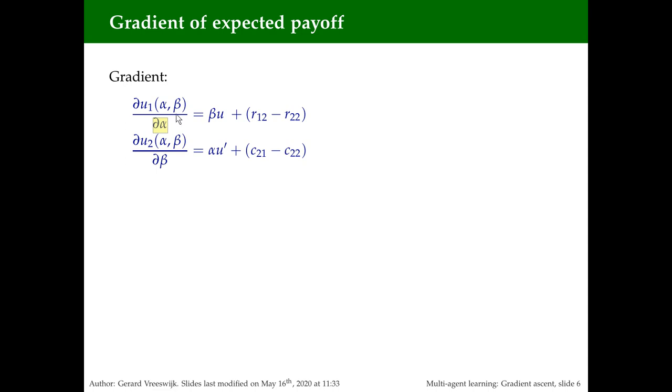If you compute the partial derivative of the payoff of the first player, you will end up with this expression, which of course depends on the mixed strategy of the opponent. If it doesn't make sense to you now, please bear with me, because I will repeat this idea in various guises.